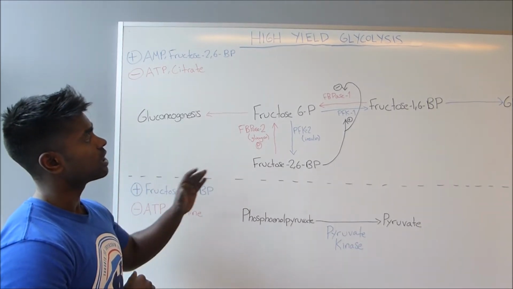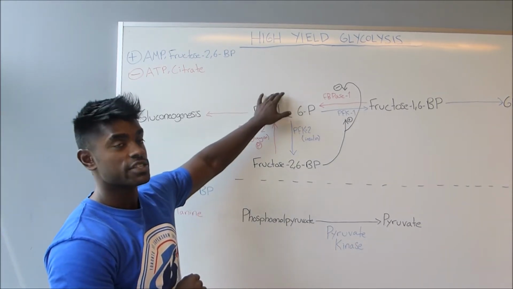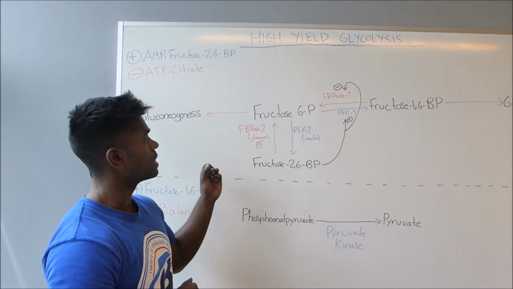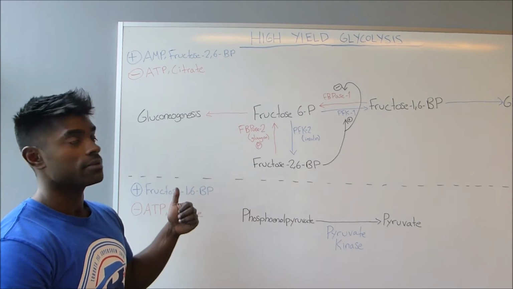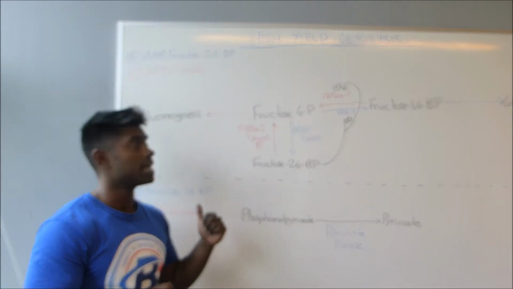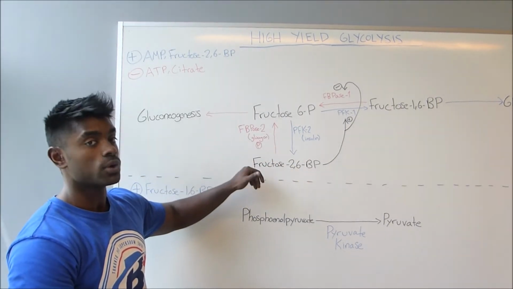So let's talk about how this is going to occur. As we see here, we have fructose 6-phosphate, which is an intermediate from glycolysis. What's going to happen is that when there are increased levels of insulin, that's going to cause a decrease in the activity of protein kinase A, and therefore this bifunctional enzyme is going to be dephosphorylated.